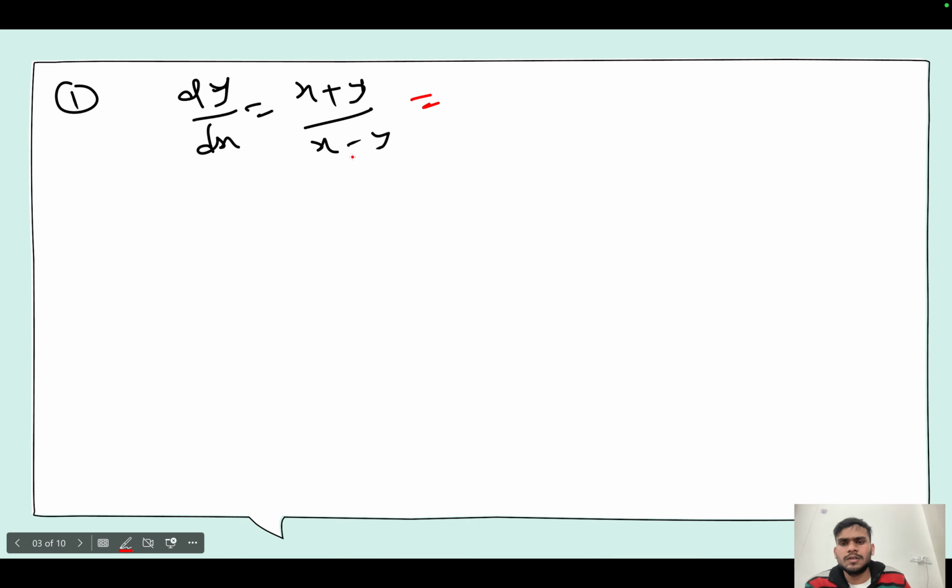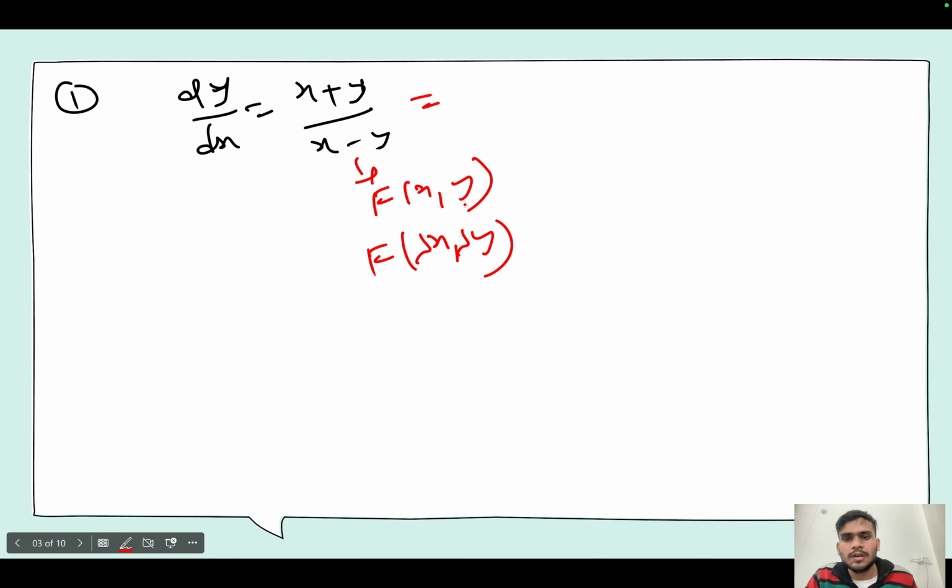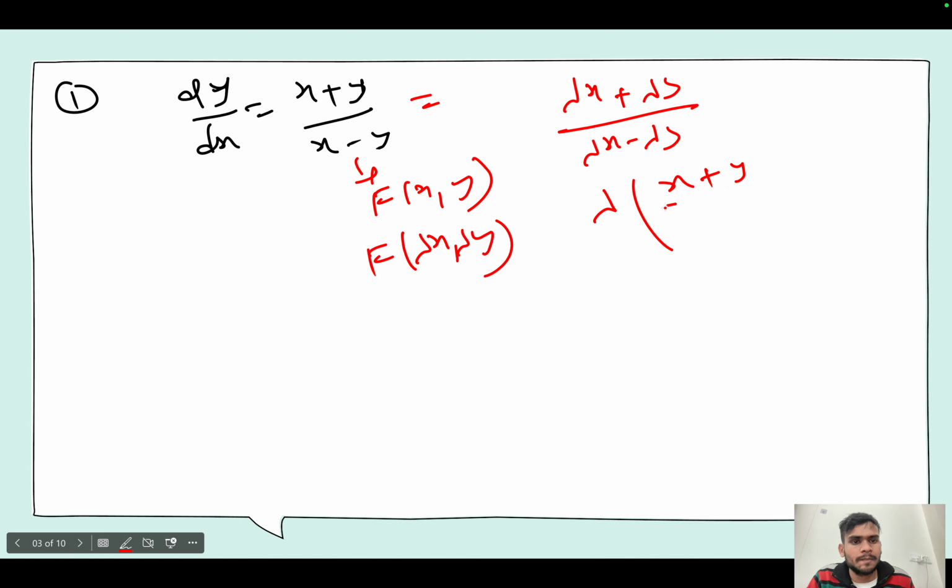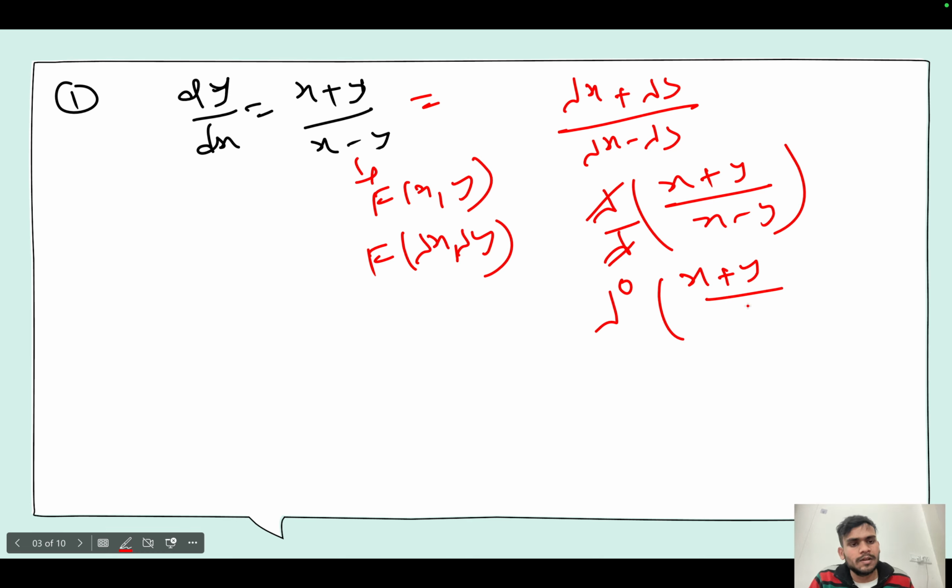This is our f(x, y). Put f of λx, λy. So we get (λx plus λy) by (λx minus λy). Taking λ common from the numerator and denominator, the λ cancels out. So λ to the power 0, times (x plus y) upon (x minus y).